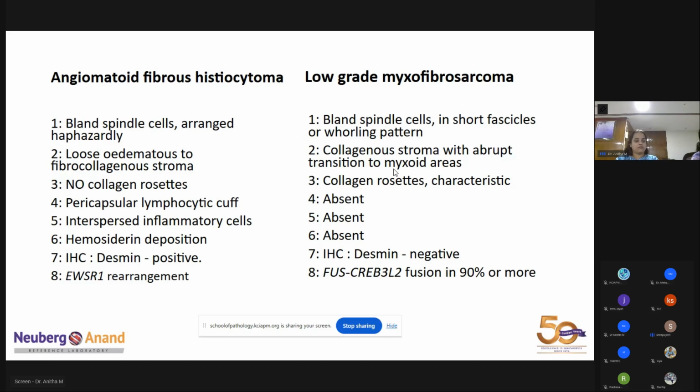And IHC, in myxofibrosarcoma, Desmin will be negative. And to confirm, there is an EWSR1 rearrangement in angiomatoid fibrous histiocytoma. In low-grade myxofibrosarcoma, the characteristic gene fusion is FUS and CREB3L2, which is seen in more than 90% of the cases.